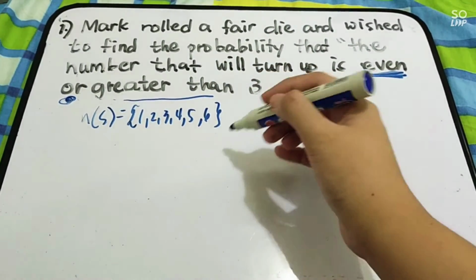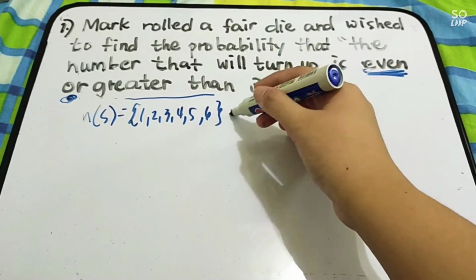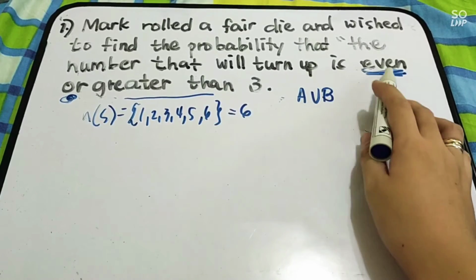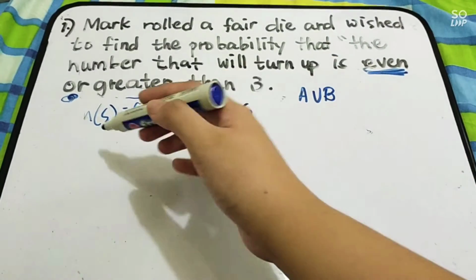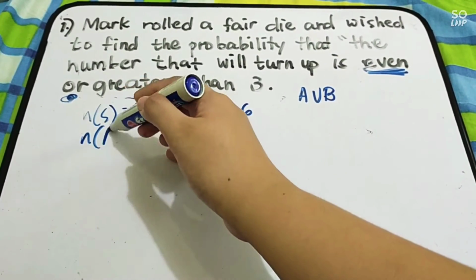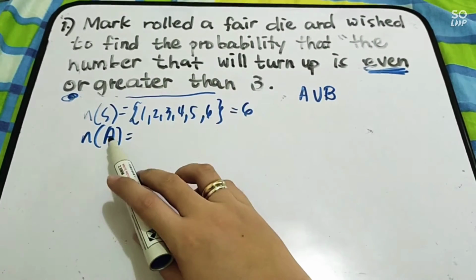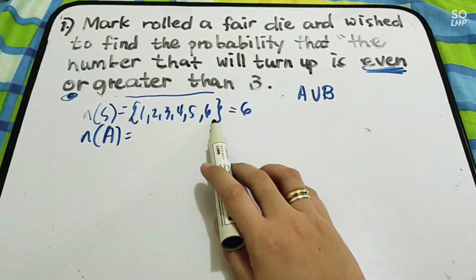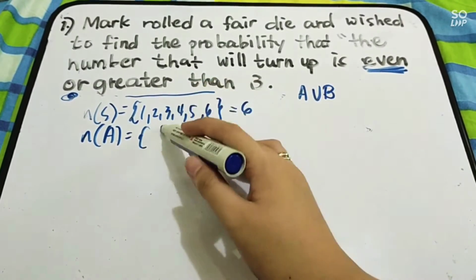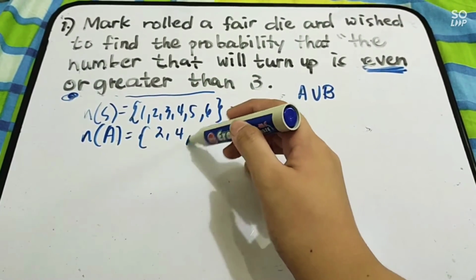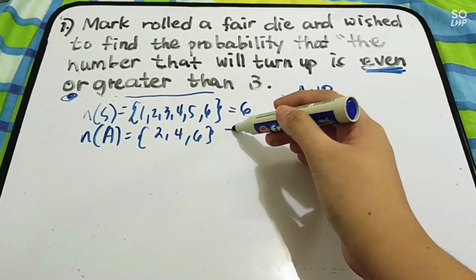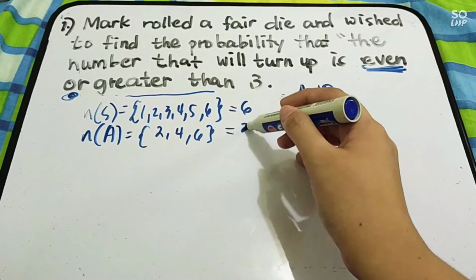So the cardinality of our sample space is 6. Let set A be the even numbers. What are the even numbers in our sample space? We have 2, 4, and then 6. How many is the cardinality? We have 1, 2, 3.